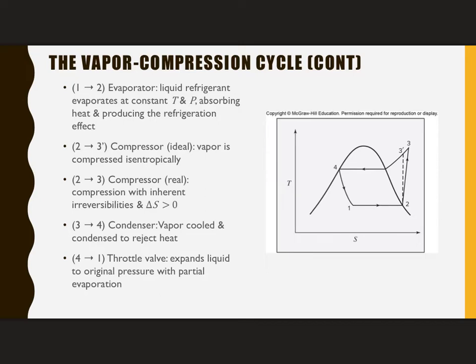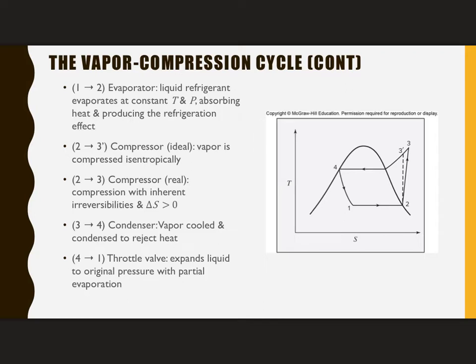If we have an actual one, it's not going to be isentropic. In fact, delta S will increase slightly, and so therefore in the TS diagram, what you're going to see is that the line, instead of being isentropic, is going to be slightly to the right of that. Okay, that's going to be our compressor.